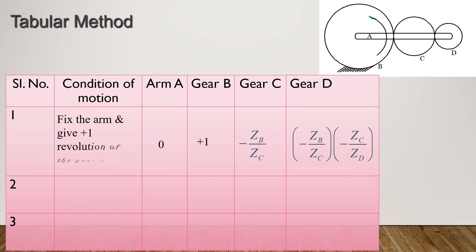So fix the arm and give one rotation to gear B. Since you are fixing the arm, its speed will be 0 here, and you are giving one rotation to gear B, so it will have rotation of 1.